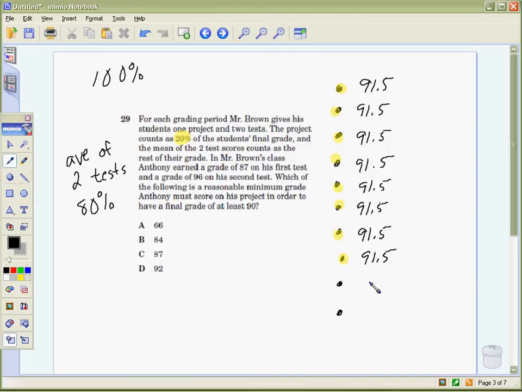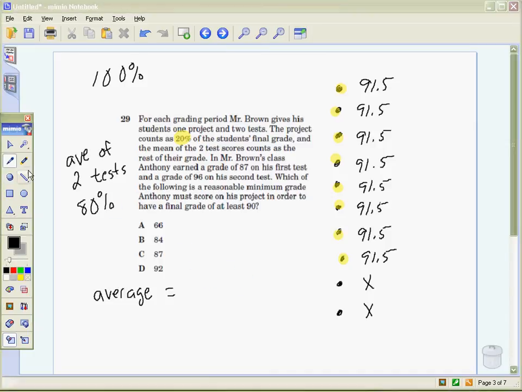Since I don't know what he has scored on the project yet, we'll just call it X. So recall that average is equal to the sum divided by the number you have.